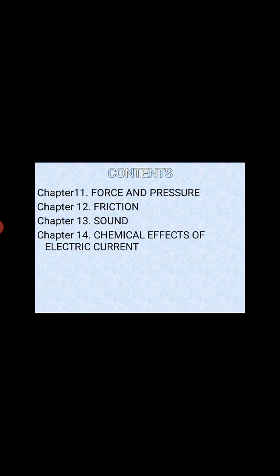In physics, there are a total of 7 chapters. The first chapter is Chapter number 11, Force and Pressure. The second chapter is chapter number 12, Friction. The third chapter is chapter number 13, Sound. The fourth chapter is chapter number 14, Chemical Effects of Electric Current. Fifth chapter is chapter number 15, Some Natural Phenomena.